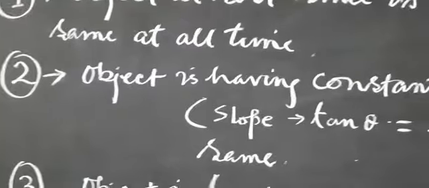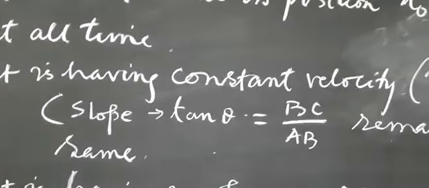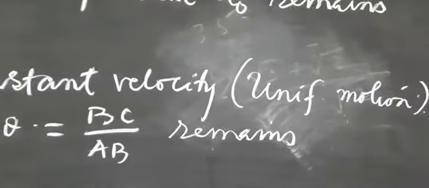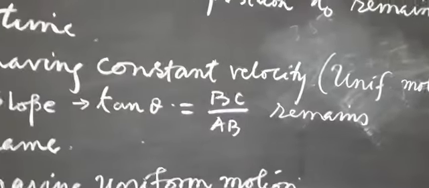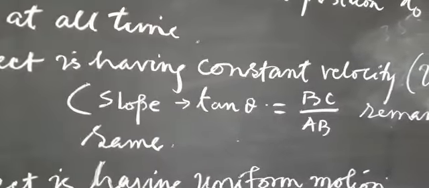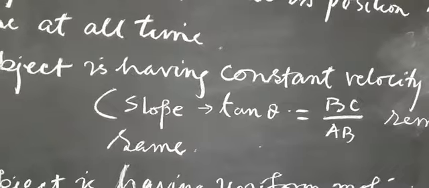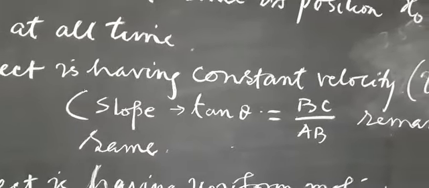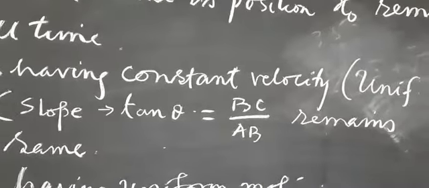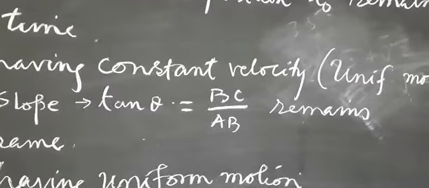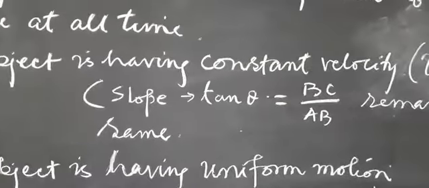For object number 2, the object has constant velocity or uniform motion in terms of velocity, because of the slope. In case of the xt graph, we have to find the slope, that is tan theta equal to BC by AB, meaning p by b remains constant.